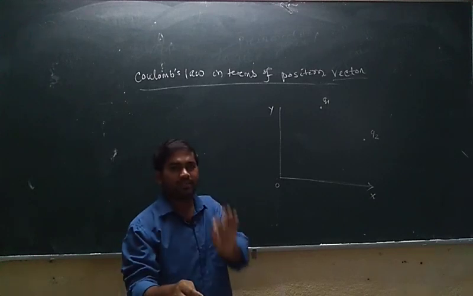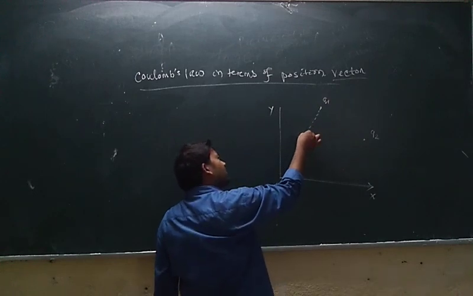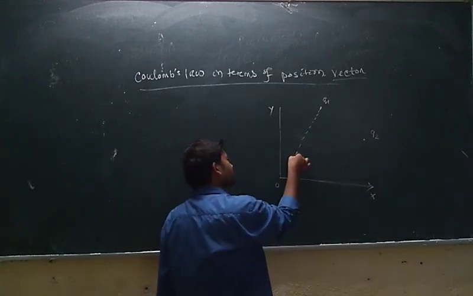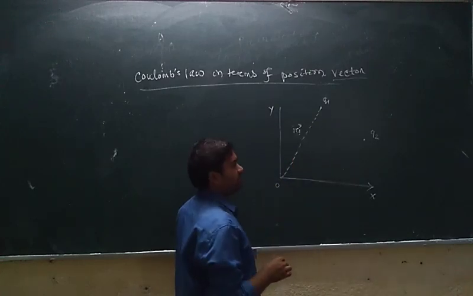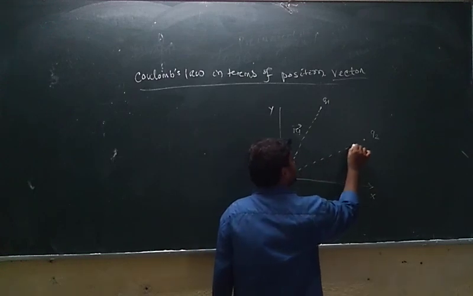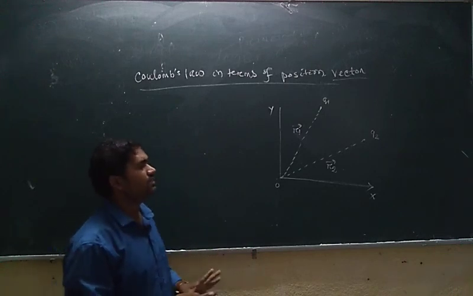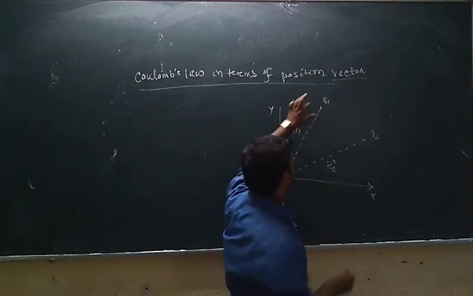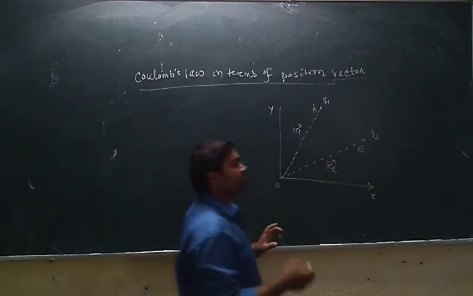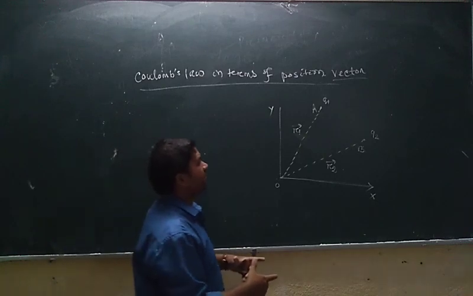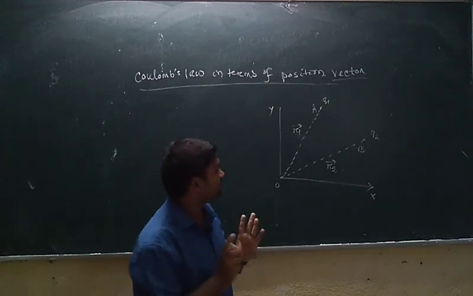Suppose the given values are the position vector of q1, which is r1 vector, and the position vector of q2, which is r2 vector. This data is given to you. Suppose we take the point A and the point B. The line OA is the position vector r1 vector, and the line OB is the position vector r2 vector.